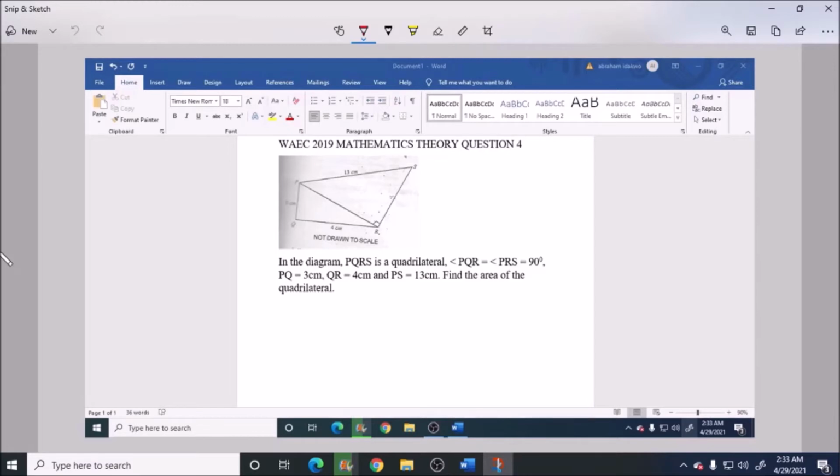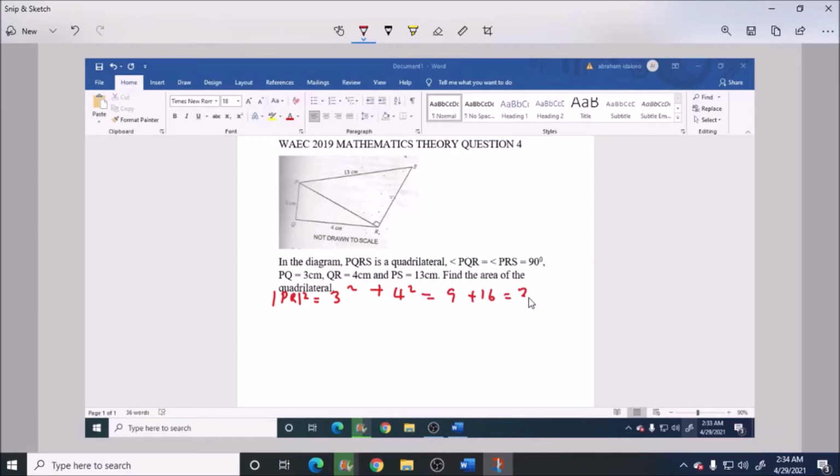Now to find the area of the quadrilateral, first in the diagram, let's begin from here. In the diagram, PR squared is equal to 3 squared plus 4 squared equals to 9 plus 16, which is equal to 25.